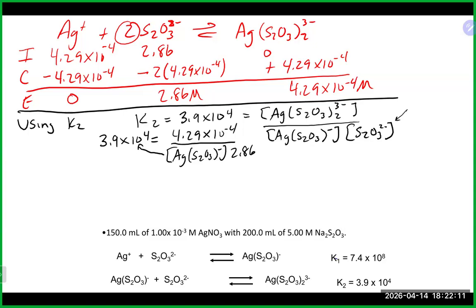Once again, if we rearrange it, these two guys will basically just switch places. And that's going to give us this intermediate concentration if we solve it by switching those two guys around.